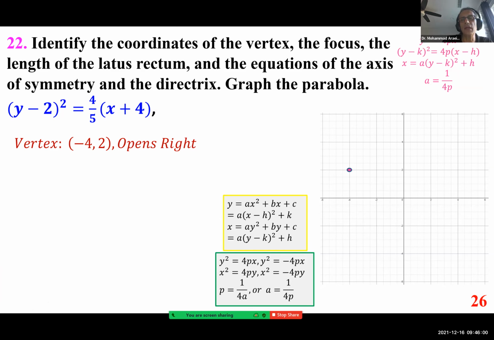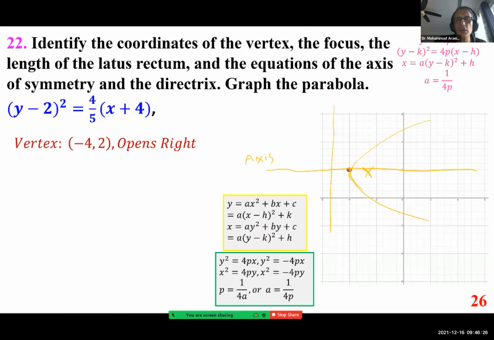Now, before we continue, to make life easy, it looks something like this. This is not to scale, and I'm going to erase it in a moment. It looks something like this because we know it opens to the right. Why am I drawing this? Because I know my focus is somewhere here. And again, this is not to scale. I know through the vertex is my axis of symmetry, I'm going to call it short for axis.